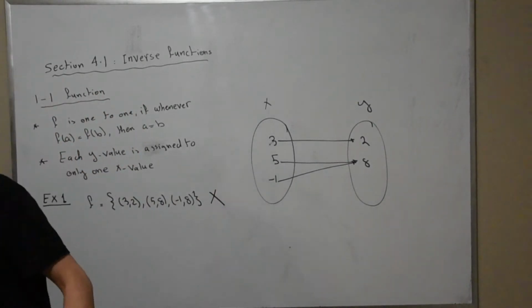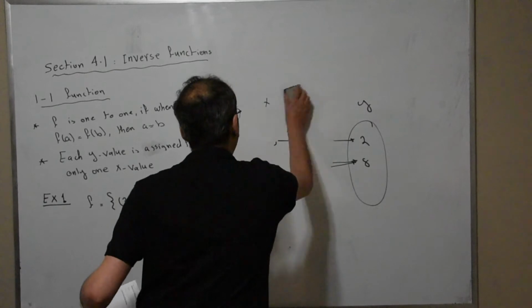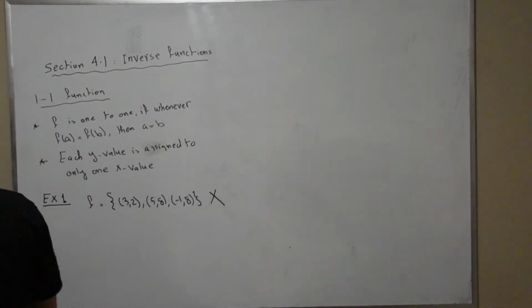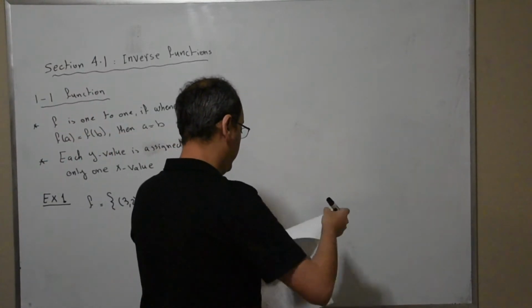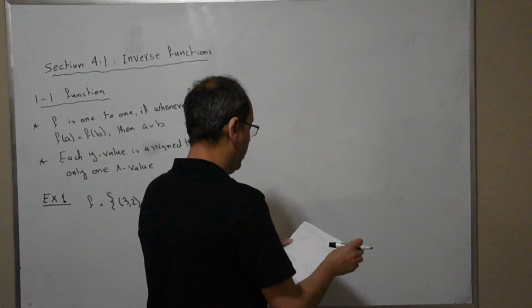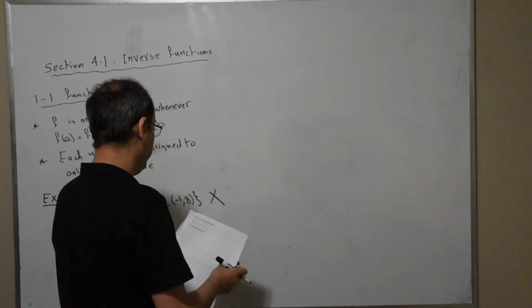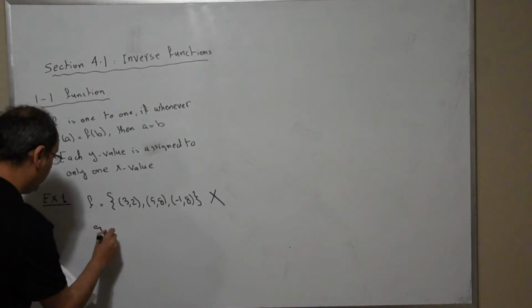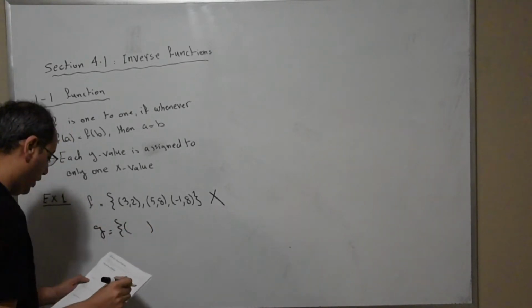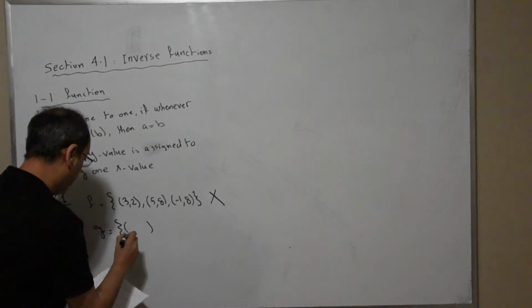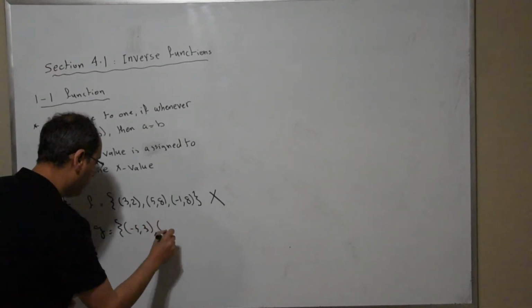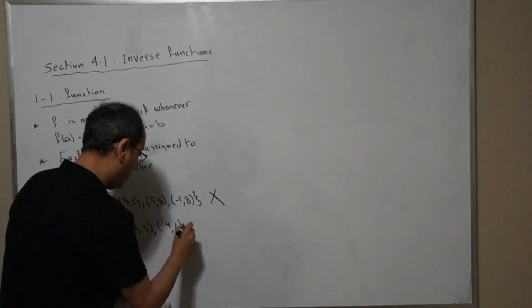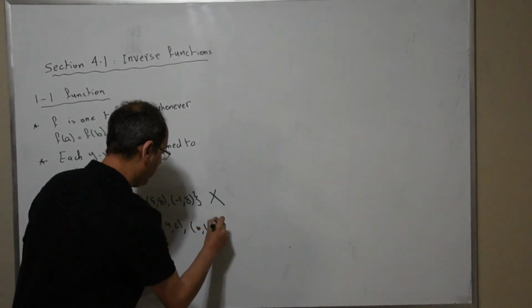Let's get another example. I'm going to get a similar example here. The g is (negative 5, 3), (9, 2), and (0, 15).